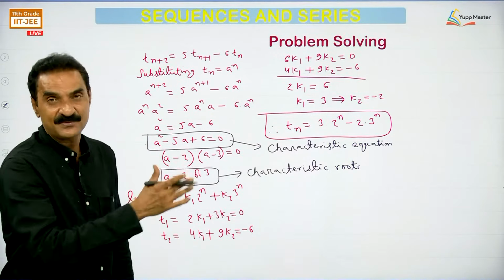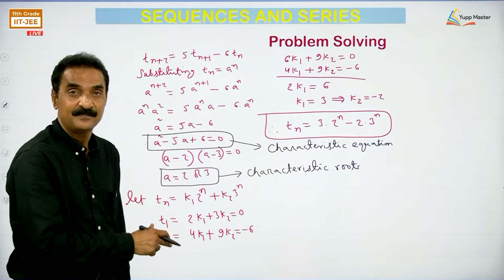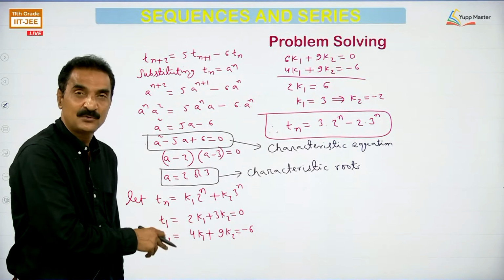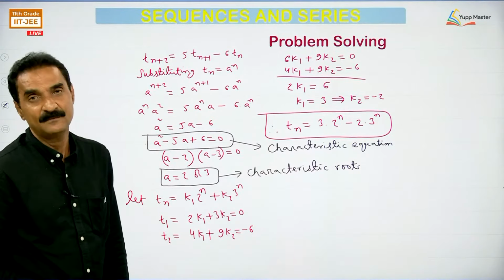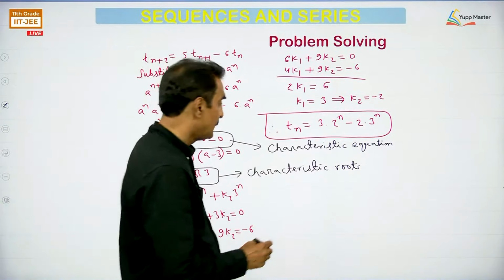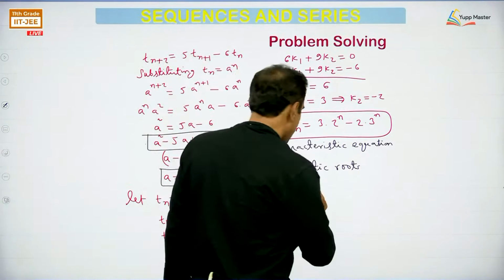Usually first three consecutive terms will be given. Putting n is equal to 1, 2, 3, we will get three equations in k1, k2, k3, then solve. For example, let us take one question.